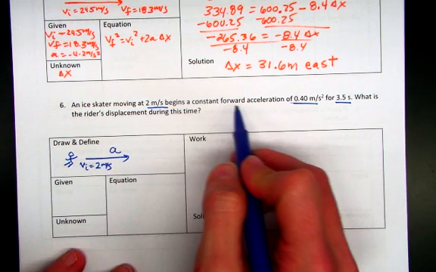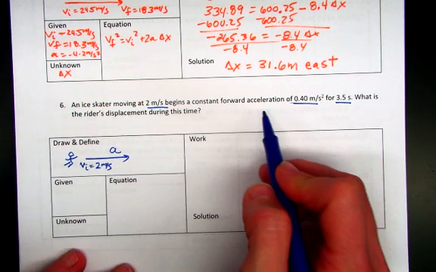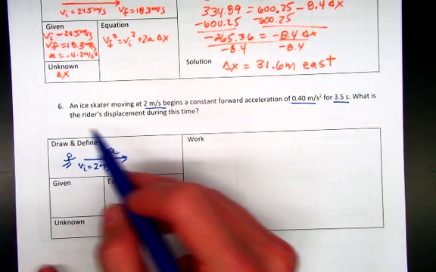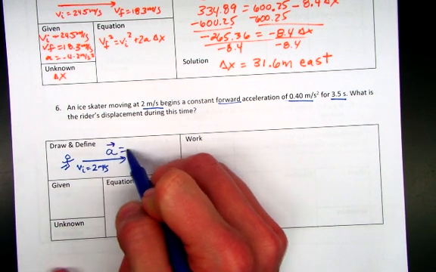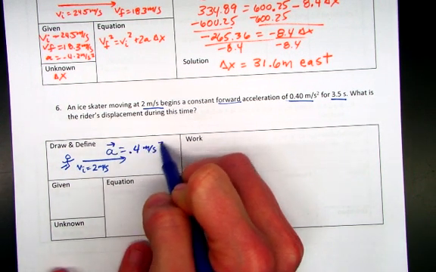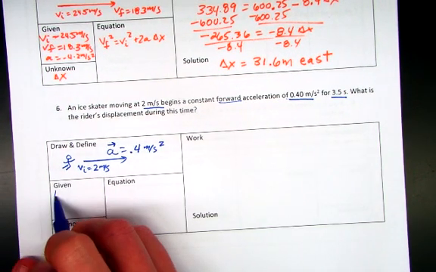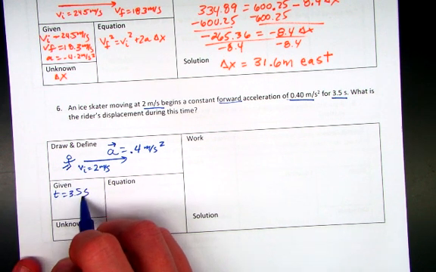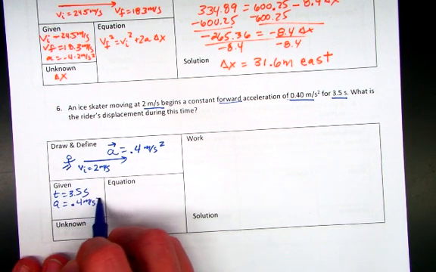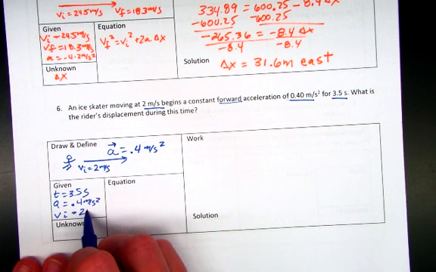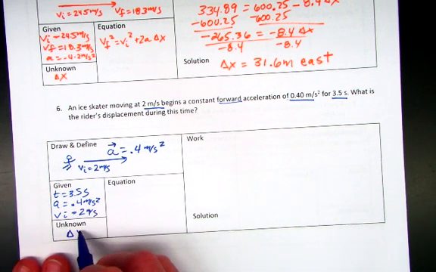Her acceleration, it says constant forward, so we're going to assume she's moving in the same direction. This is 0.4 meters per second squared, and then we have the time. So time is 3.5 seconds. Acceleration's positive 0.4 meters per second squared. Initial velocity is 2 meters per second, and we're looking for delta x.